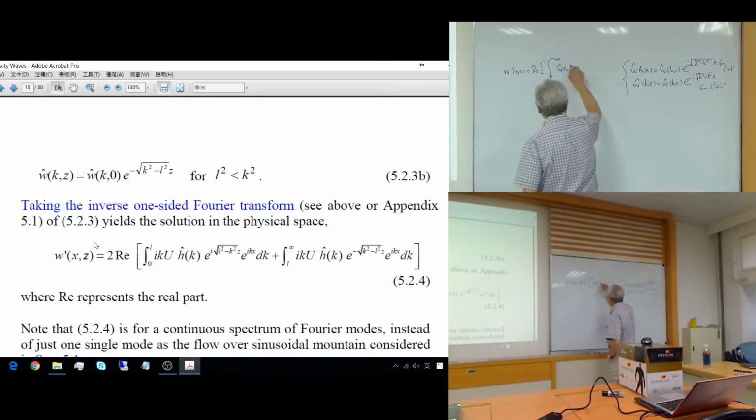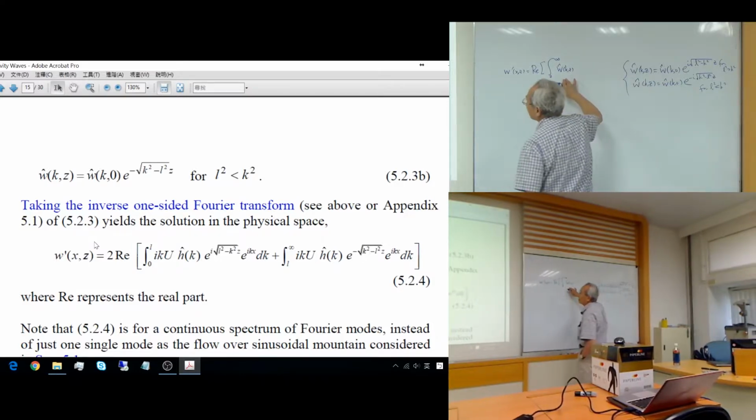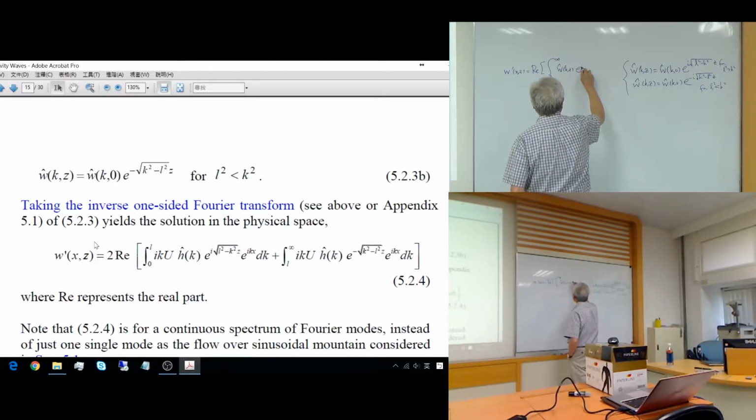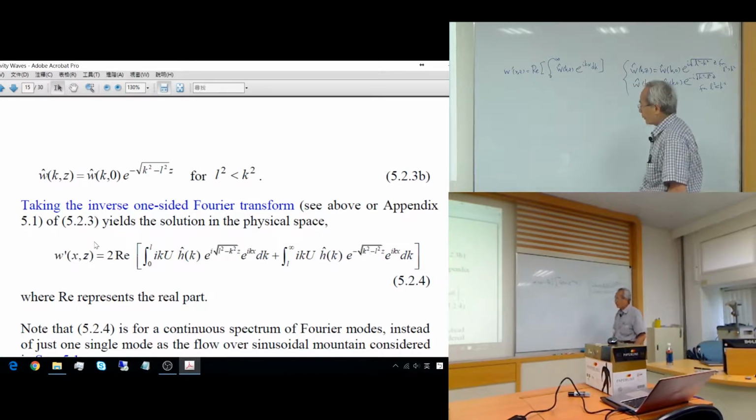Okay, this is in the Fourier space, the function in Fourier space. And then we have e to the i k x dk. Okay, this is the one-sided Fourier transform.